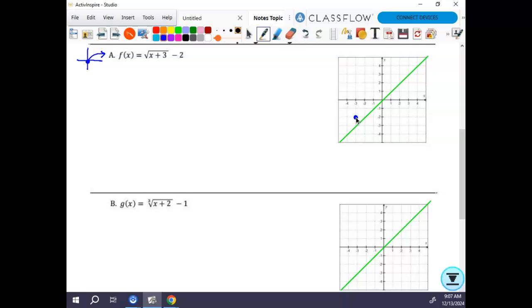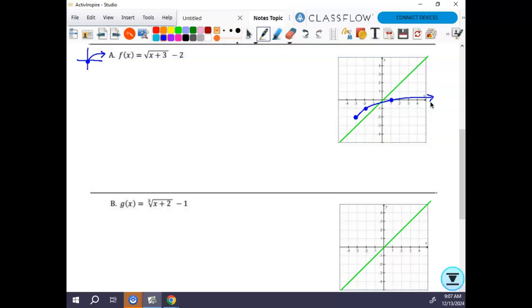I'm going to just give you the other points that I want you to plot, because we're not going to spend time on exactly how to graph it because you're not going to have to, but I do want you to see these graphs. So the next points I want you to plot are -2, -1, and 1, 0. Okay, and then we can just sketch in that little curve that is the square root function.